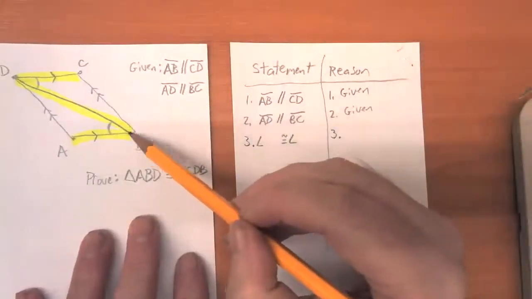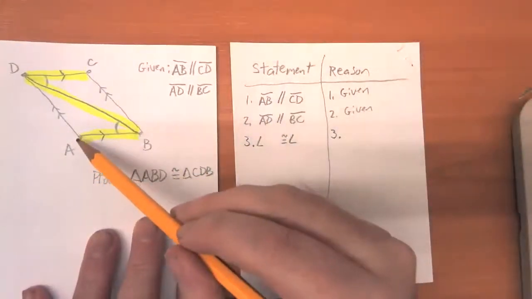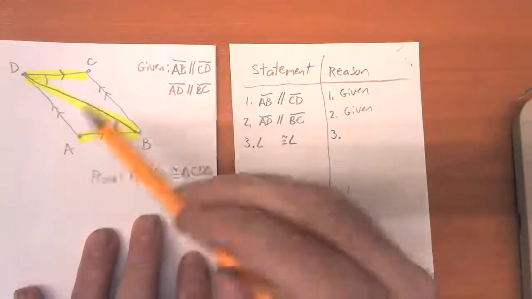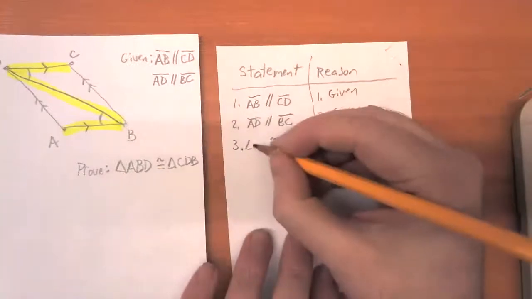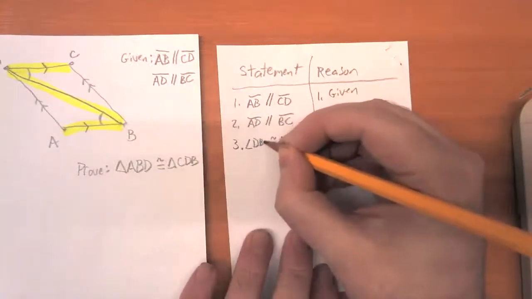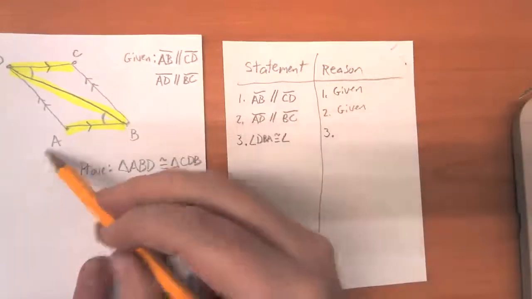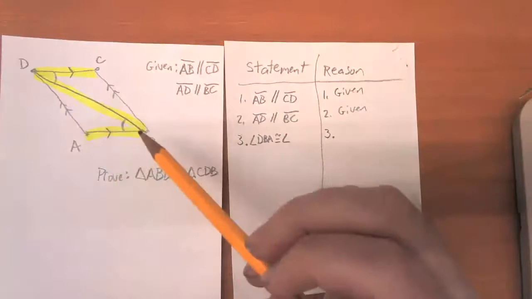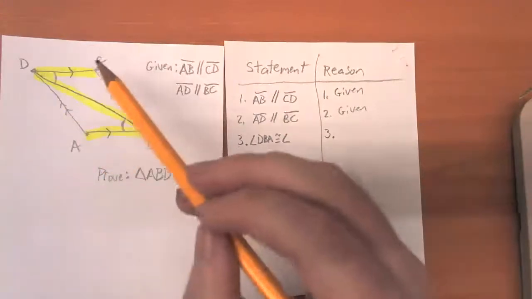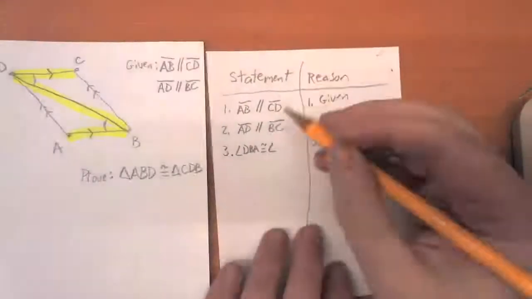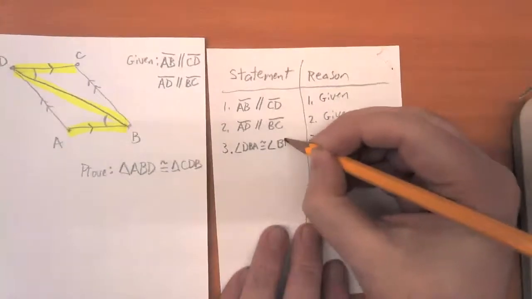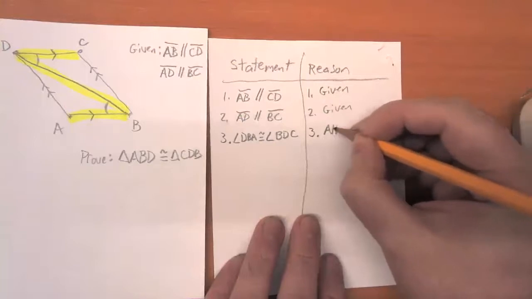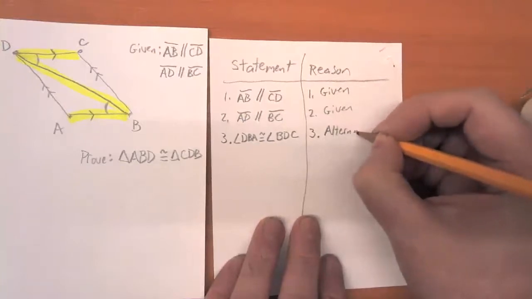Well, B is the vertex again, so it needs to be the middle letter, and you can either call it ABD or you can call it DBA. Either one of those describes that angle in three letters. And then the top angle would be the same thing. You could call that BDC or CDB. And the reason for that is alternate interior angles.